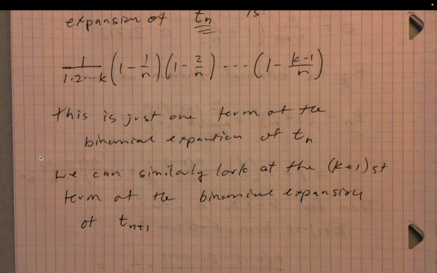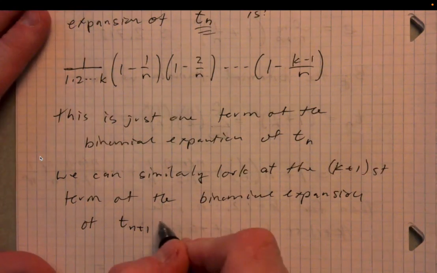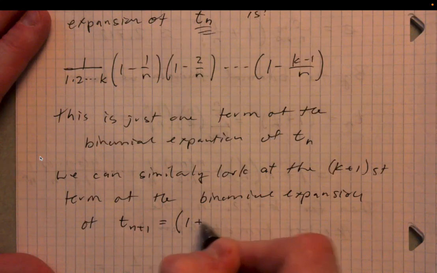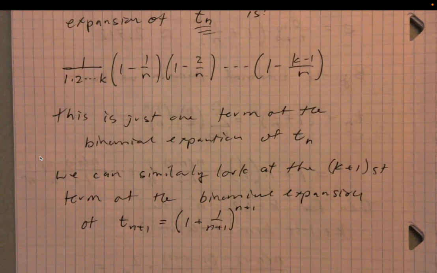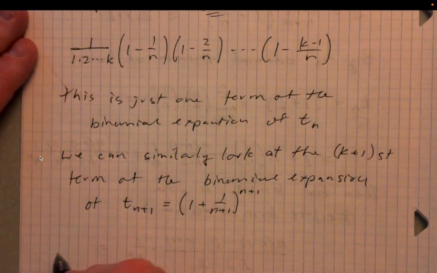Now, I encourage you to do basically the exact same exercise, just start with the binomial expansion of what t sub n plus 1 would look like. Now remember, this is going to be 1 plus 1 over n plus 1 to the n plus 1. Okay, and so just keep that in mind, that that's what the t sub n plus 1 term looks like, and do the binomial expansion on that. And what you will find is that the k plus first term looks like this.